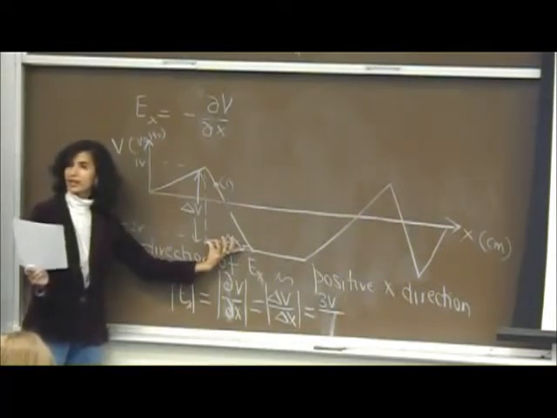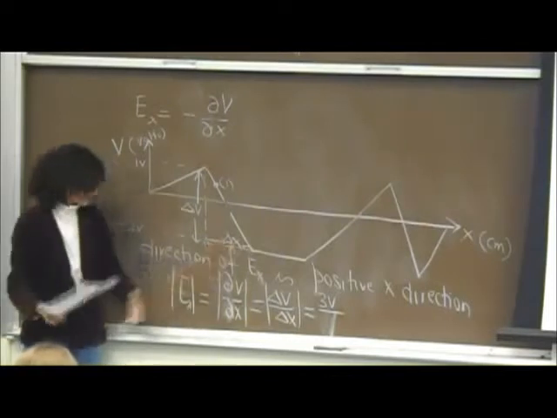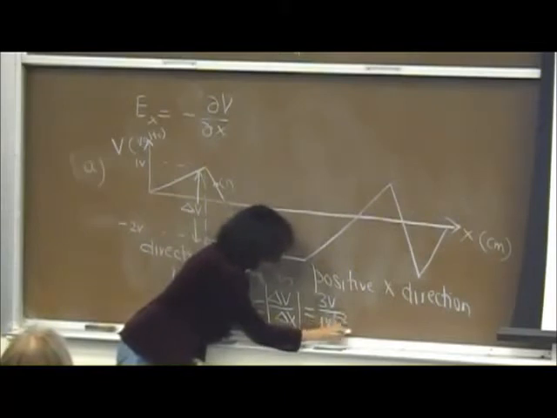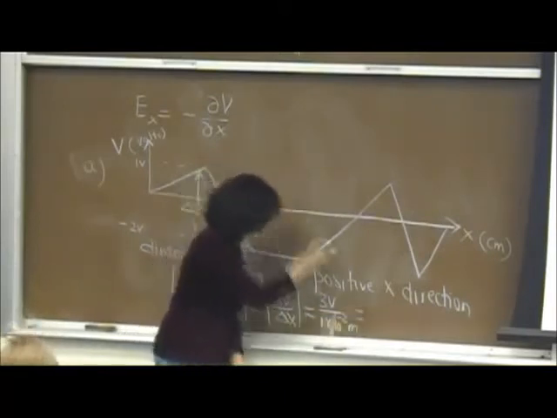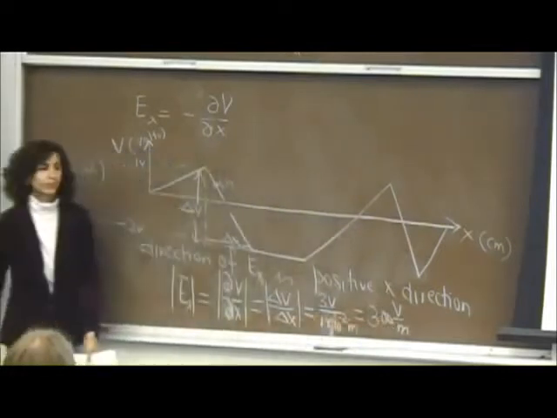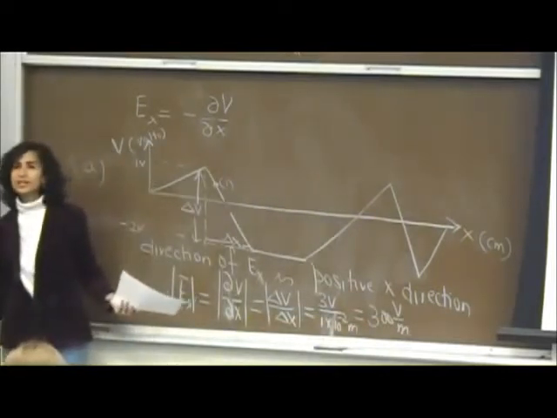Do you see that it's 1 centimeter? Is everybody clear? Tell me that it's making sense. Okay, but 1 centimeter, if we are using SI units, is 10 to the minus 2 meter, and so this will be equal to 300 volts per meter.